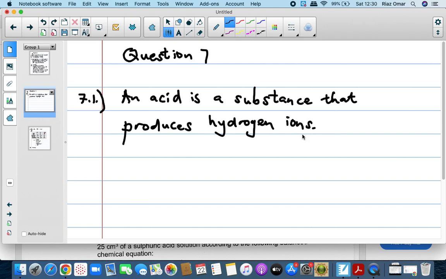And Lowry Bronsted theory says an acid is a proton donor. But we're not going there. We're looking at an Arrhenius acid. That's the question.